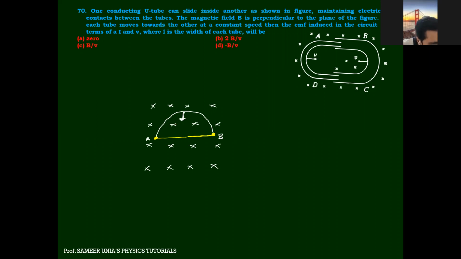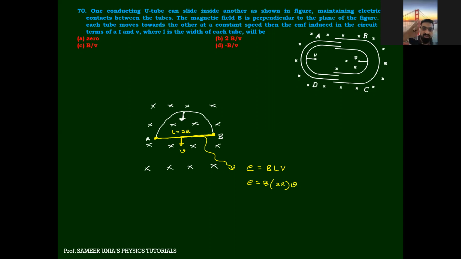You have to consider the displacement. Can you tell me how much is the length? 2r. And can I say this is going with the velocity v? So EMF induced across this rod will be BLV. That is BL, L is what? 2r beta into v. And remember, I told you which end will be positive and negative.